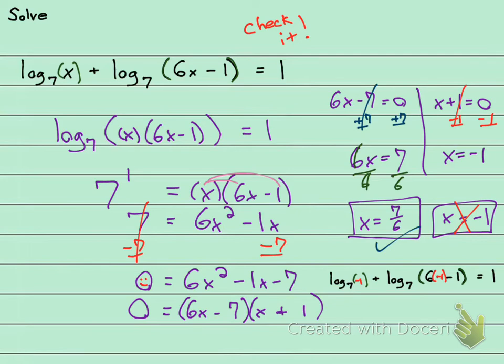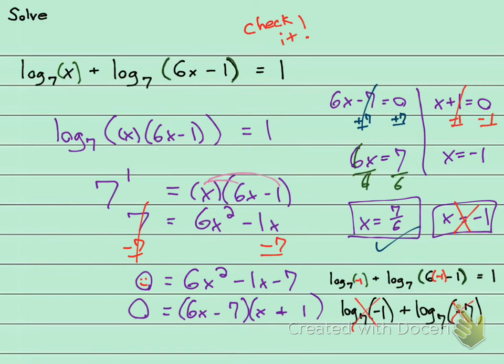I end up getting log base 7 of -1, and right there I can just stop. That does not exist. I would get the same thing here, log base 7 of -7, and that also does not exist. Remember, the thing inside the parentheses has to be greater than 0. So that's why -1 does not check out.